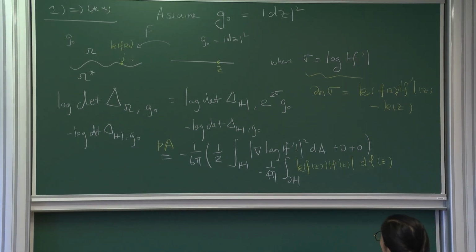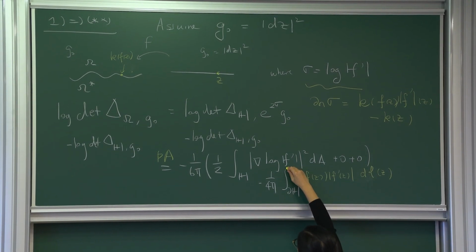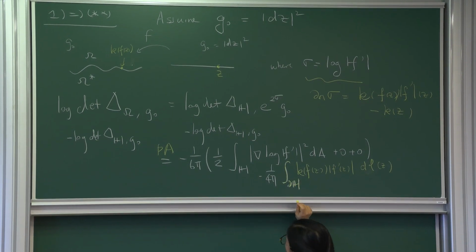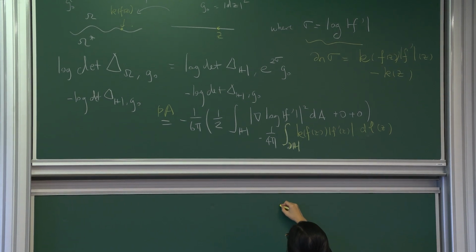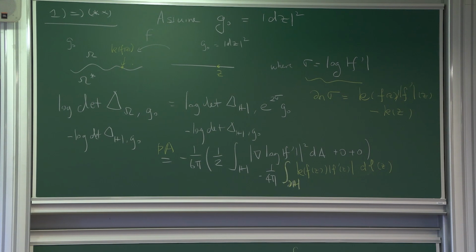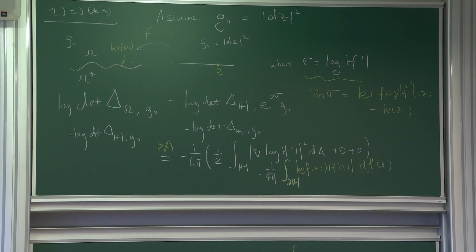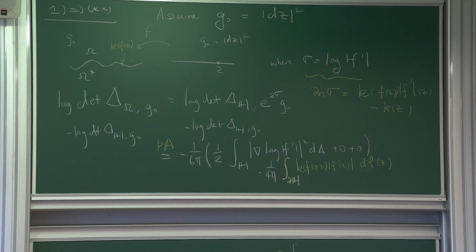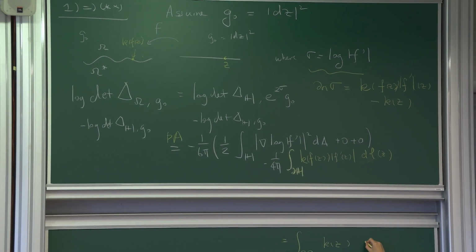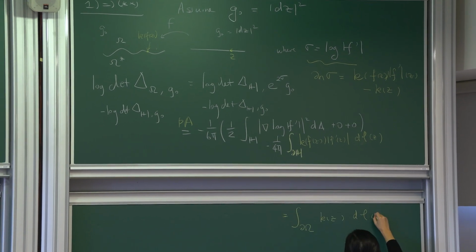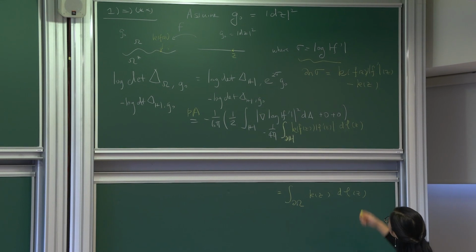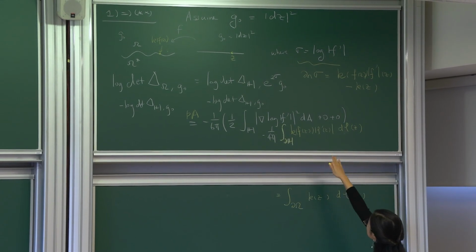So again, the yellow part, this is equal to, I can just push forward, so you get to the boundary of omega, k, c. Right, this will be just pushing forward.